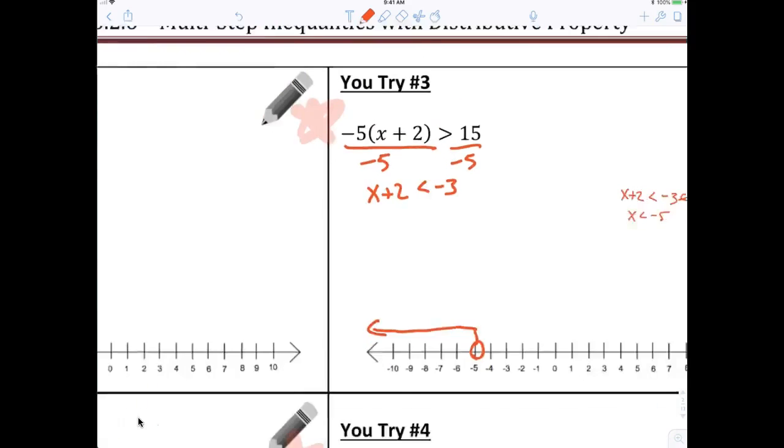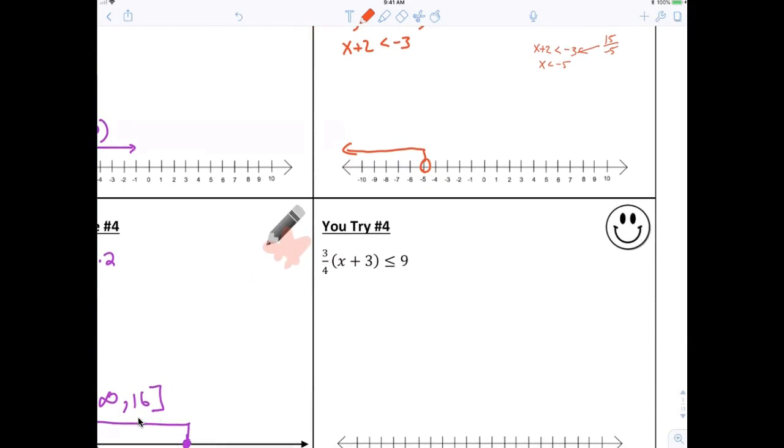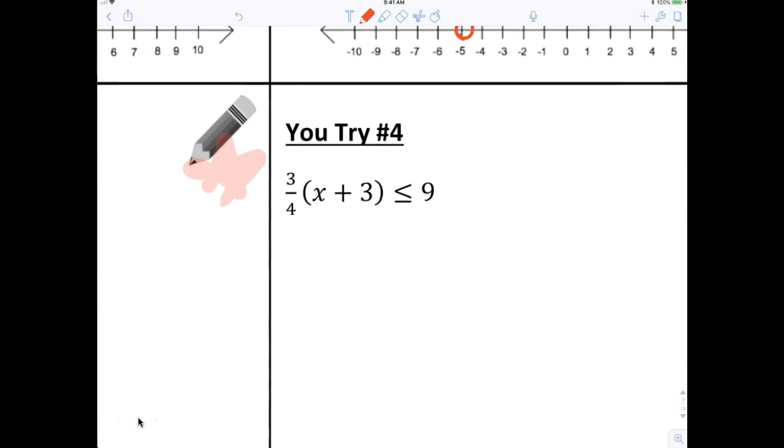All right. So now my interval notation, -infinity to -5. Okay? Here, what's the reciprocal? 4/3 times 4/3. X plus 3 is less than or equal to what? 12. Thank you.